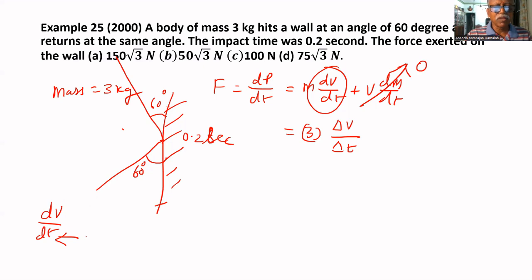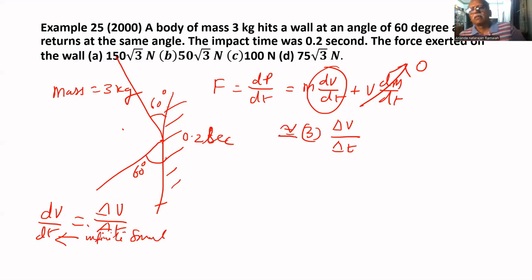But this is infinitesimally small, so it can be approximated to delta v by delta t. It is an approximate value. The time is given as 0.2 seconds.